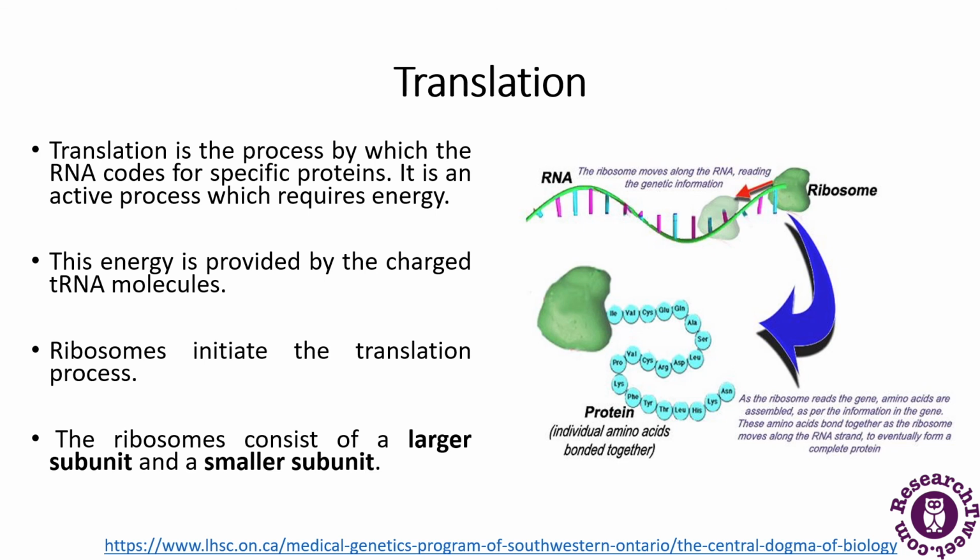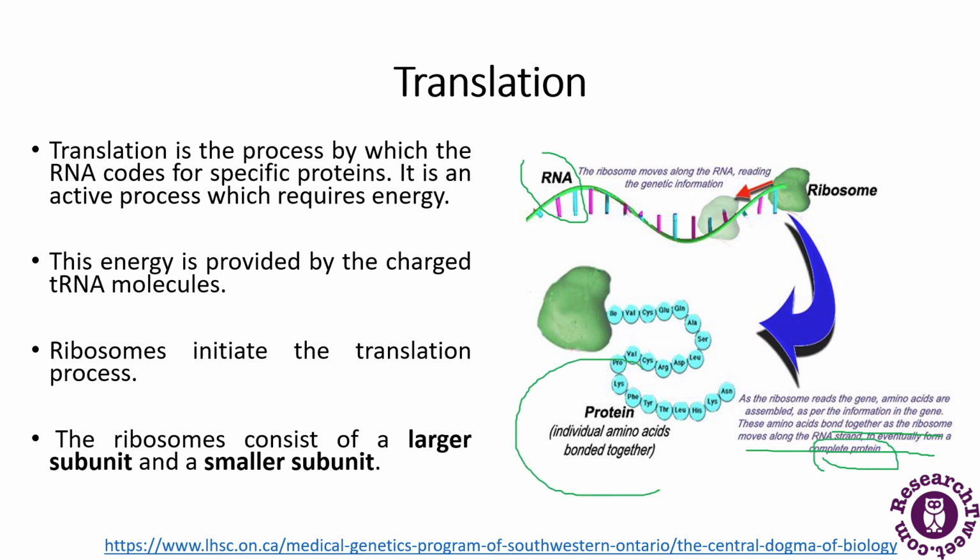This diagram depicts how the RNA is converted to protein. The ribosome moves along the RNA reading the genetic information, and as the ribosome reaches the gene, amino acids are assembled as per the information in the gene, and these amino acids bond together as the ribosome moves along the RNA strand to eventually form the complete protein.